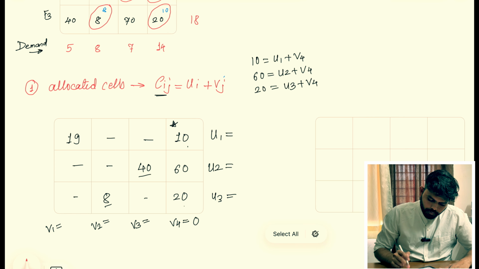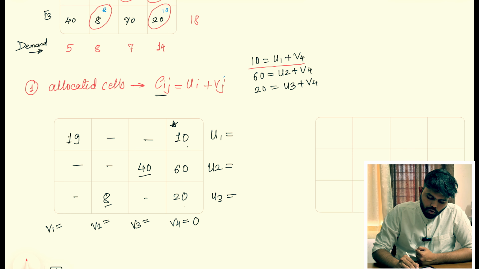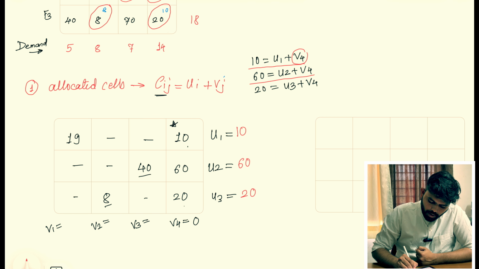First of all, if 10 equals U1 plus V4, and we know that V4 is 0, it means that U1 will be equal to 10. Similarly, if 60 is U2 plus V4 and V4 is 0, then U2 is equal to 60. Similarly, U3 is equal to 20.